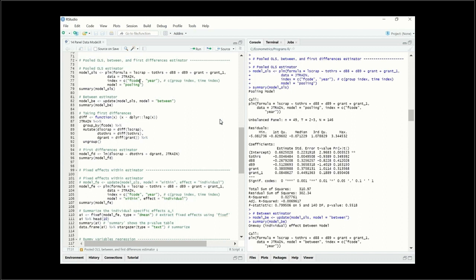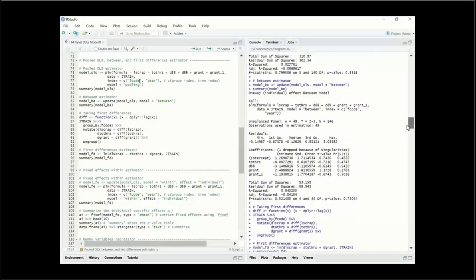Now, for the between estimator, we can basically use the same model that we have above, but here model would be equal to between. So we can just copy and paste, and instead of pooling, we're just going to put between. That's the only thing that we're updating here. Then let's look at this between estimator.